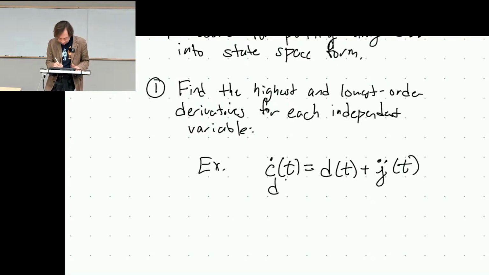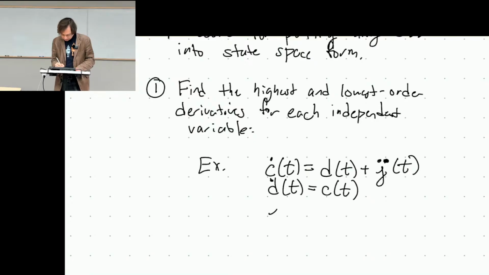I'm going to say D dot of t is equal to C of t, and J triple dot of t is equal to J dot of t.